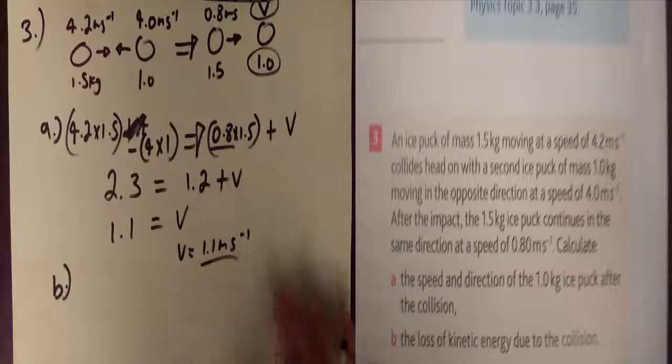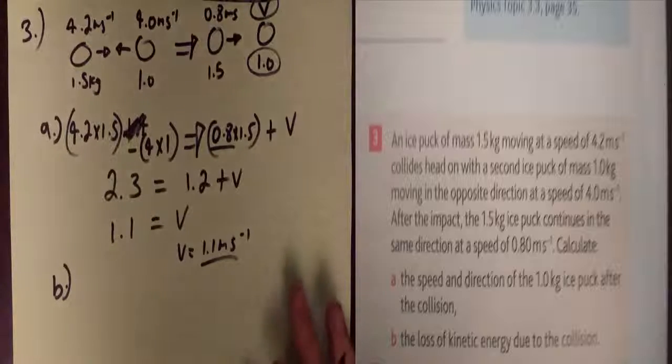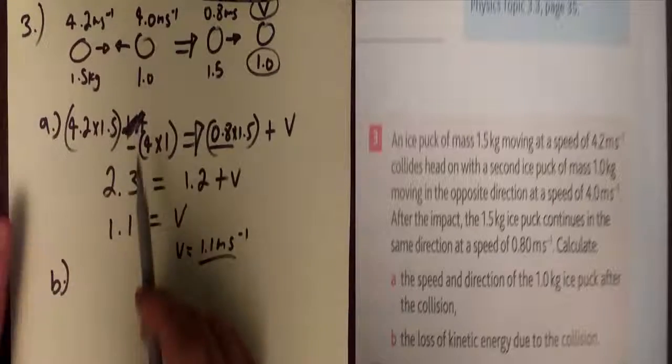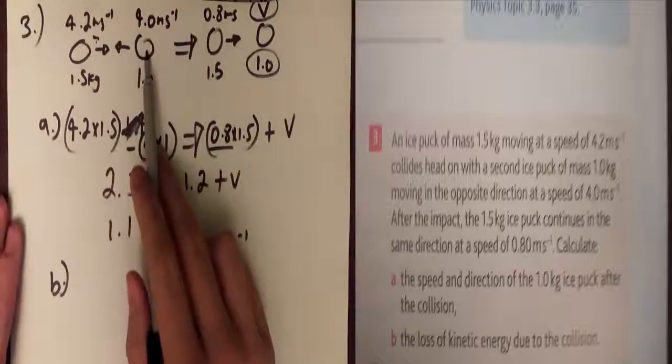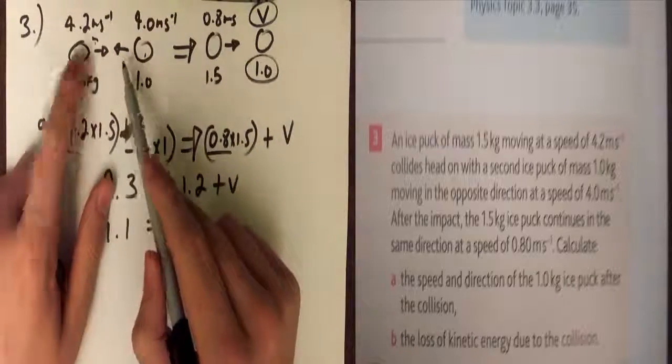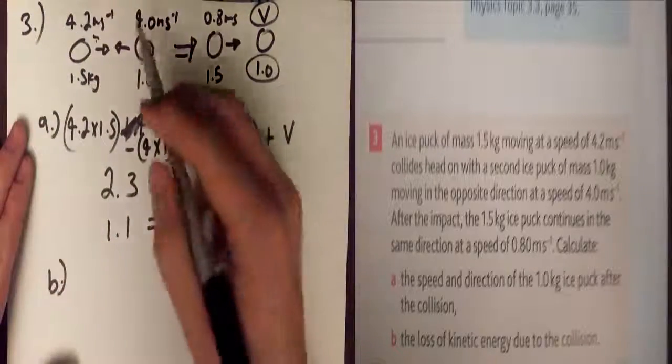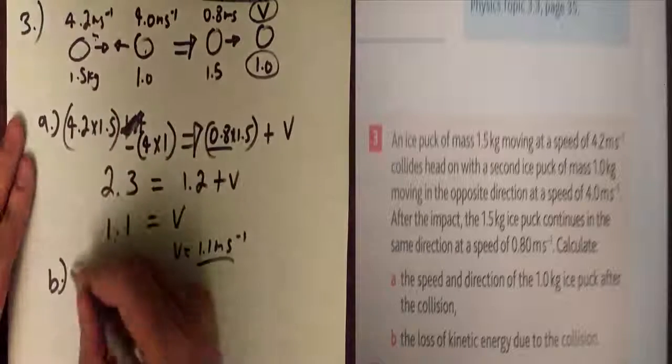It asks for the loss of kinetic energy again. So with this one, we want to find the kinetic energy of this, but even though they're colliding, we want the total. So it doesn't matter that they're colliding in this case for energy.